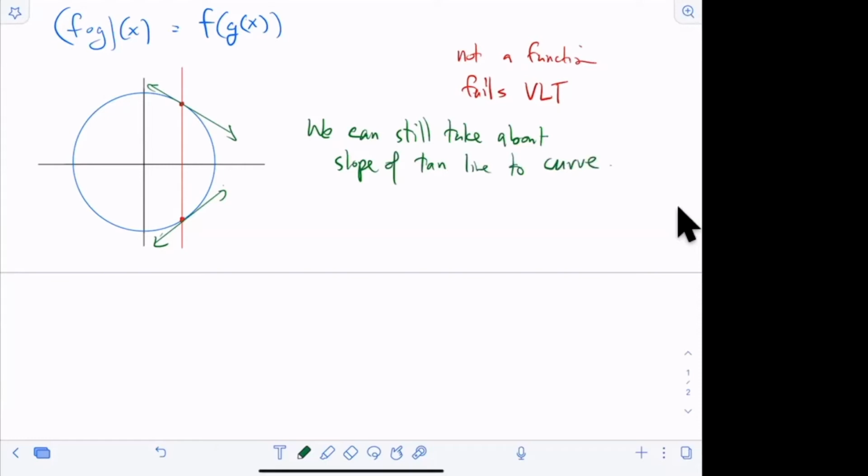However, let's pretend that this point here is equal to 1/2, just for example. I can't just say, what is the slope at x equal to 1/2, right? I can't answer that. Why can I not answer that? Because there are 2 slopes at x equal to 1/2.